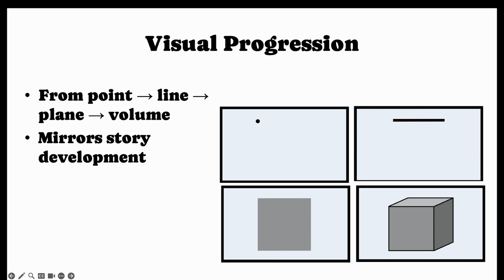So a very simple illustration of a visual progression is illustrated here. And you can see that we start off with a point, we move into a line. That line then creates a square, and then we move into a three-dimensional box.